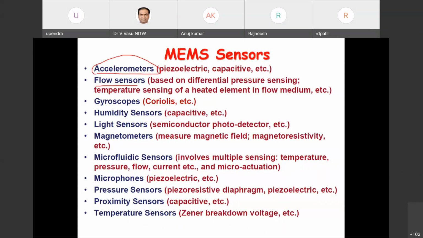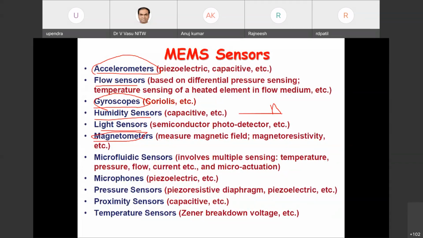We also have flow sensors and gyroscopes, which are used in automobiles, as well as humidity sensors, light sensors and magnetometers. Magnetometers, gyrometers and accelerometers are mainly used in your automobiles for stability analysis, ABS analysis and track analysis of the automobile.